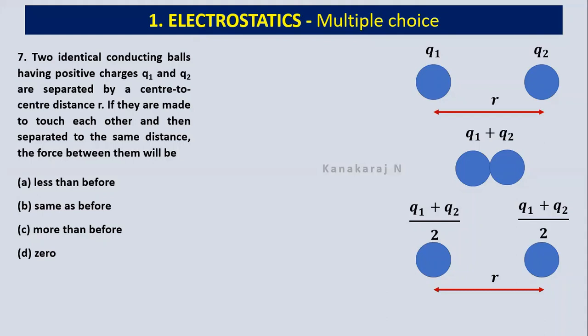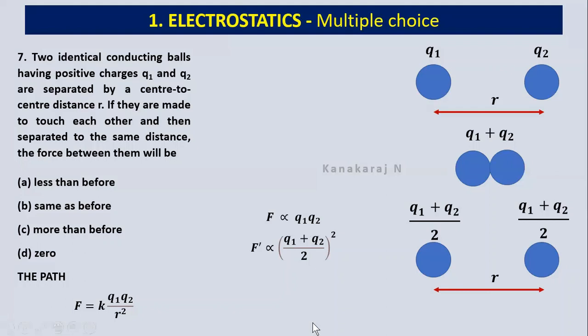So we have to use the Coulomb force here. The formula is very simple: F equals K times Q1 Q2 by R square. In our case, K is constant for the first case and second case, and R is also the same in both cases. So we can say that F is proportional to Q1 multiplied by Q2 for the first case. The new force F prime is directly proportional to Q1 plus Q2 by 2, the whole square.